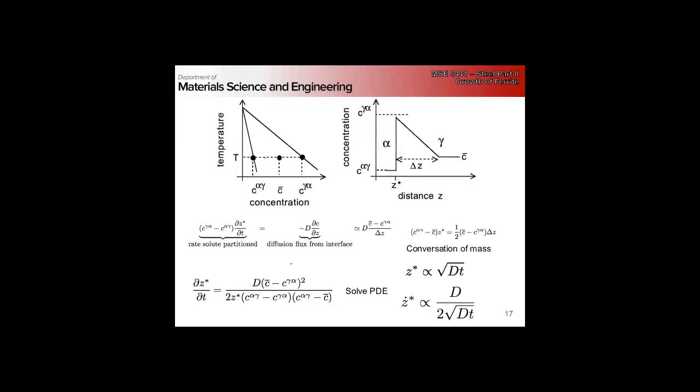Think about that. Even if you have grains nucleating at different times, your new small grains are going to grow much faster than your larger grains. So your small grains are always catching up to your bigger ones. And so you're going to have a narrow distribution.